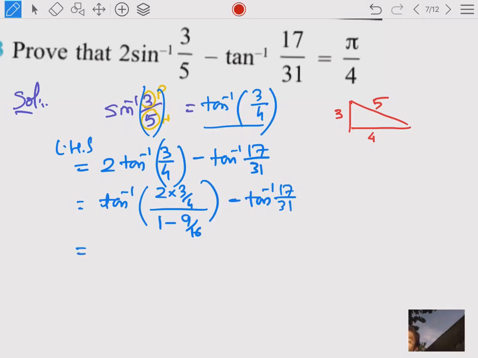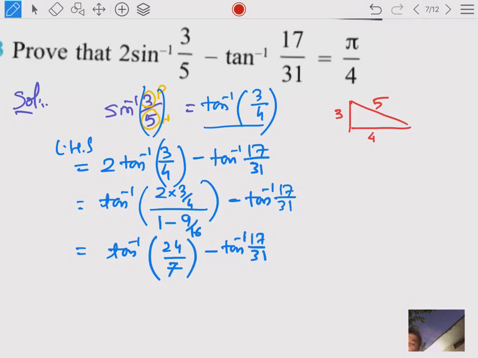Now solve this using the identity: 16 minus 9 will be 7, so above it becomes 24 by 7, minus tan inverse 17 by 31.